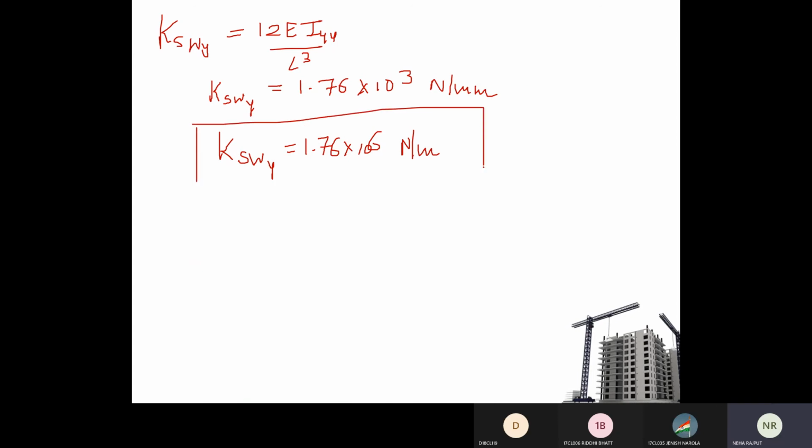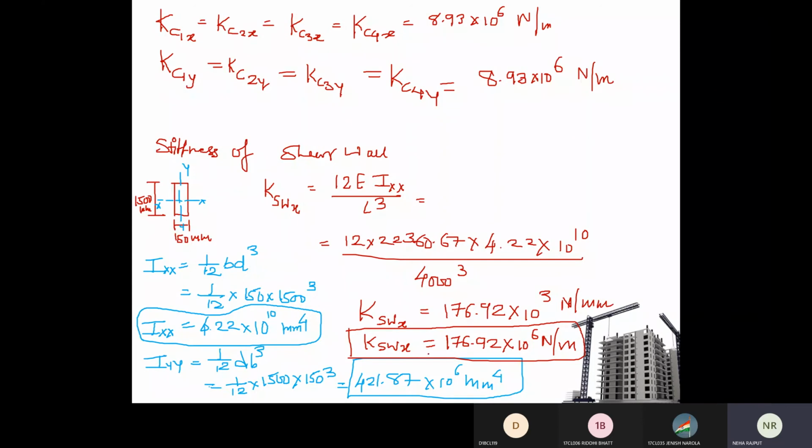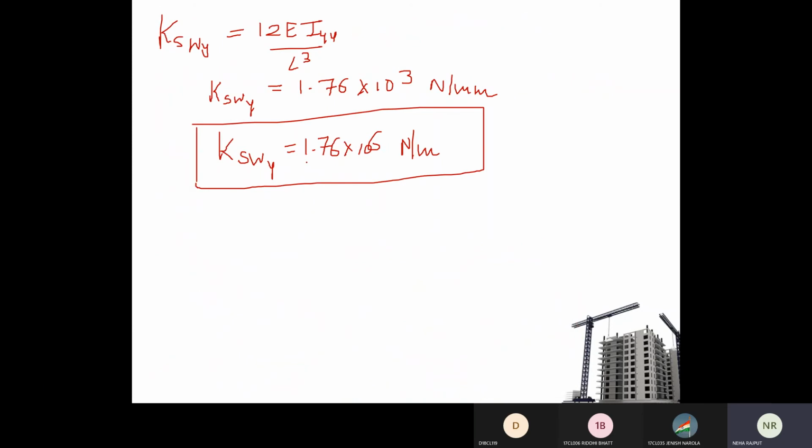Correct? Yes ma'am. Right. So see the stiffness in X direction is 176 into 10 raised to 6, but in Y direction it is 1.76 into 10 raised to 6.